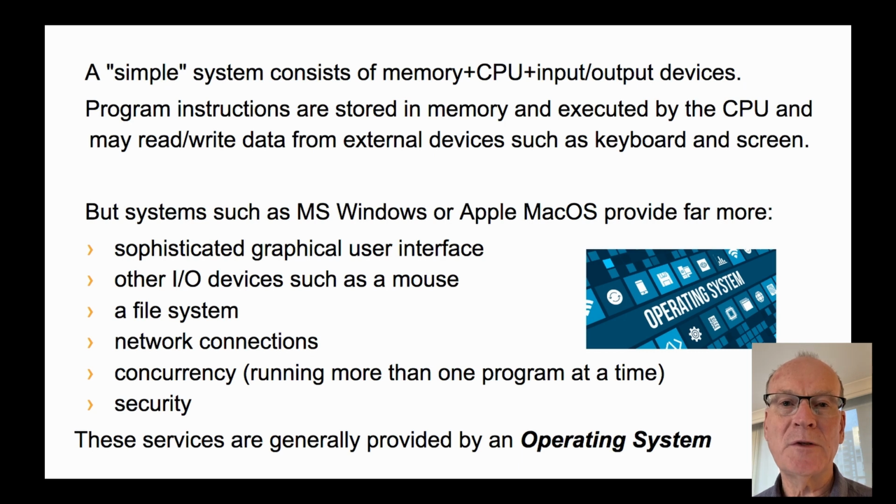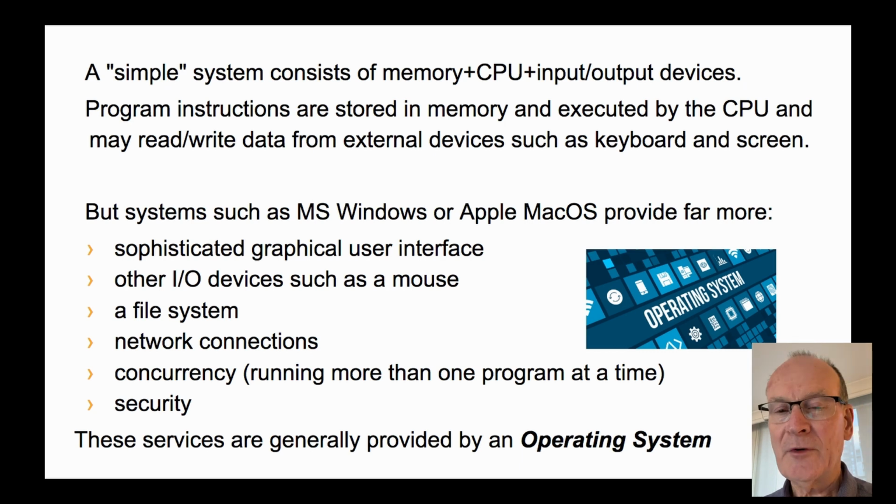They don't have any user interface. Typically these are for things like control applications. Simply in that case, programs are stored in the memory of the computer, executed by the CPU, and they access sensors and other devices like that.